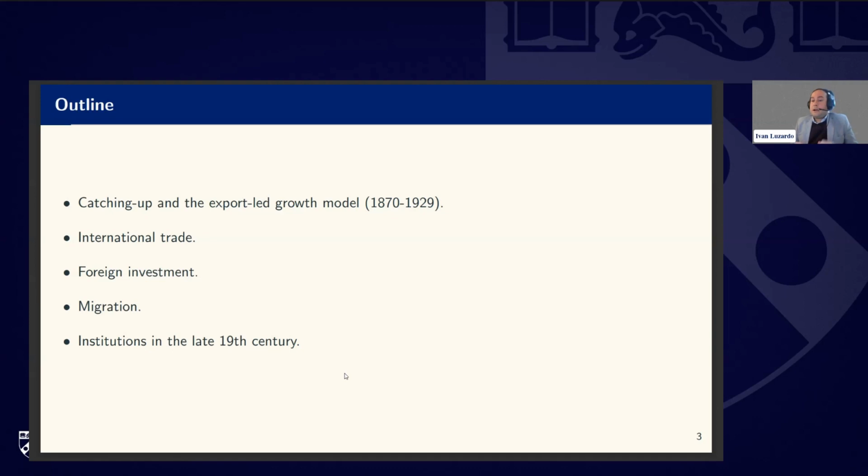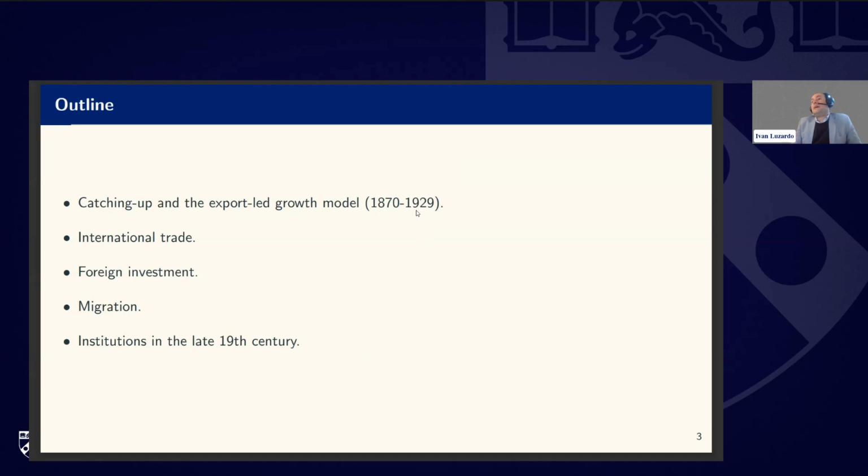An important difference between the first wave of globalization in the case of Western Europe and the case of Latin America is that in Latin America, we can assume that the first wave of globalization went until the Great Depression. Essentially, that process started in the late 19th century and lasted up to 1929.